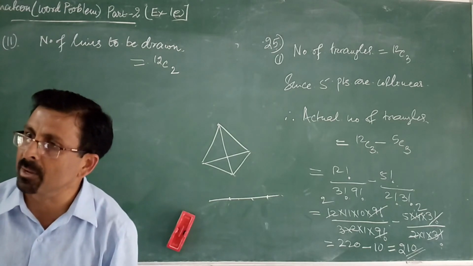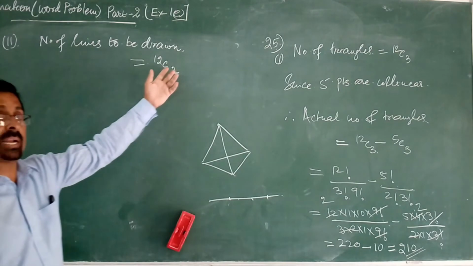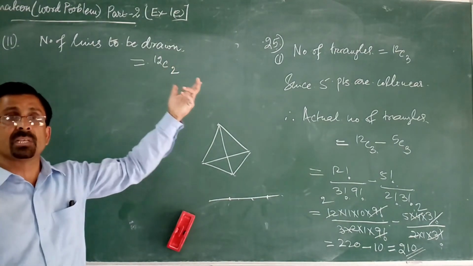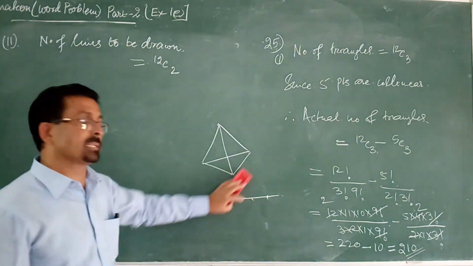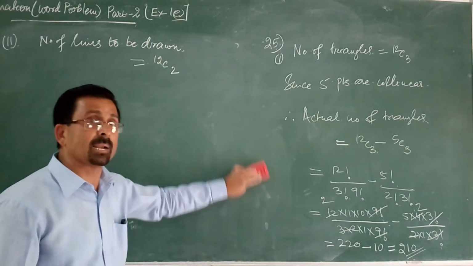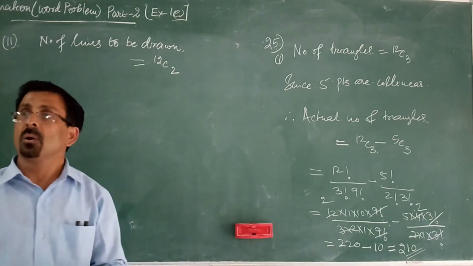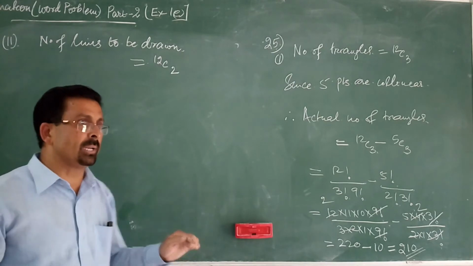Is this very clear or not? Yes. And therefore, when we calculated here, we did not know that the points are collinear also. We just calculated it blindly. But only after calculating this, we realized that there are a few points collinear, and therefore we need to subtract that many lines which are on the collinear points.